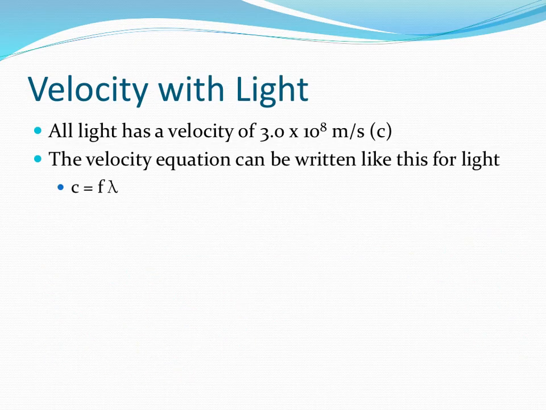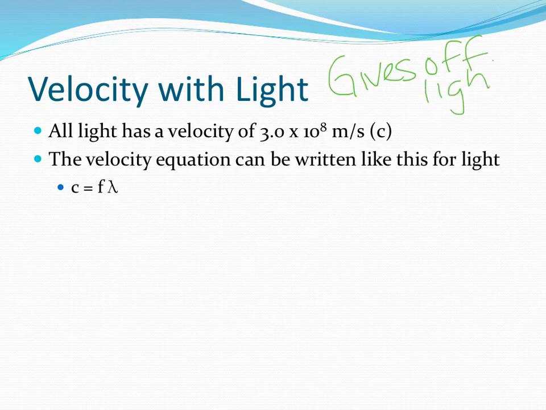Now, in terms of chemistry and electrons, light is the wave that we will deal most frequently with. If something gives off light, it's either reacting or giving off energy.